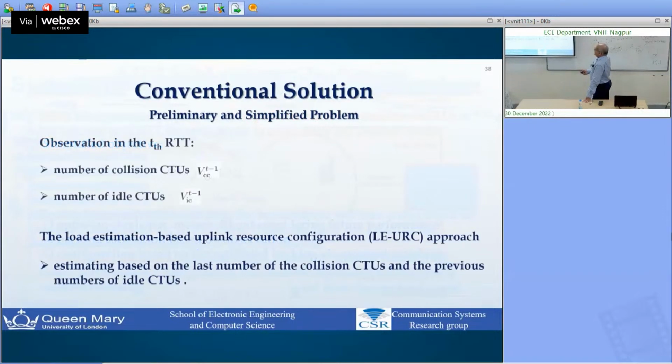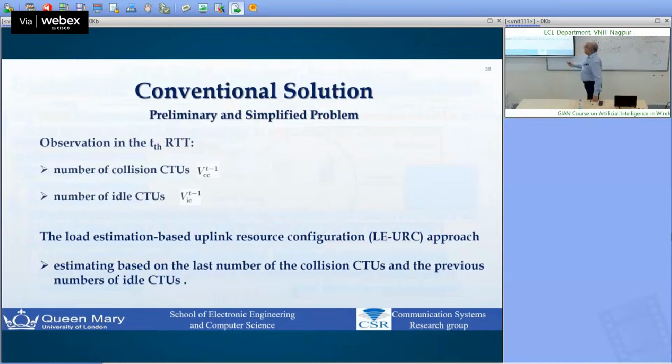So now, these are the observations we are going to have. In the load estimation based uplink resource configuration, for a single parameter, it estimates the last collision and idle CTUs, and just selects one parameter based on the load estimation. The load estimation is learned by the method of moment matching.